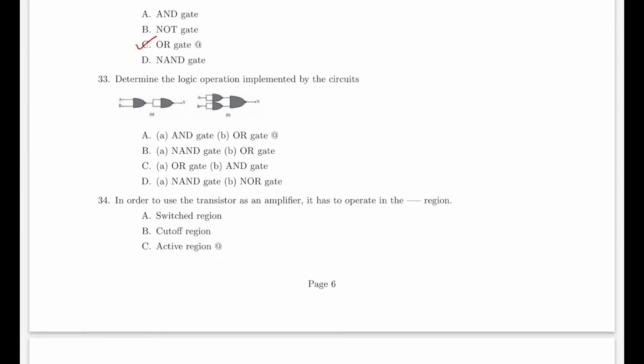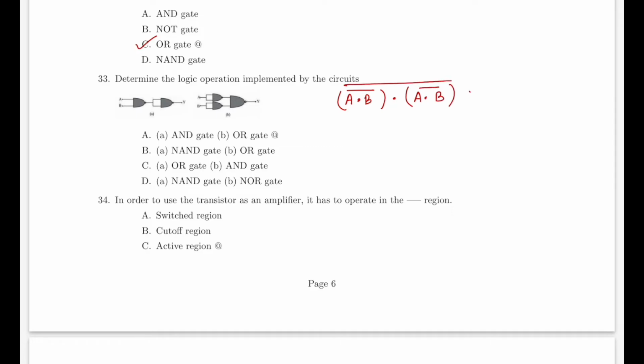Now determine the logic operation implemented by the circuit. So looking at A, after first gate it will be (A and B) whole bar, and after second gate it would be (A and B bar) whole bar.